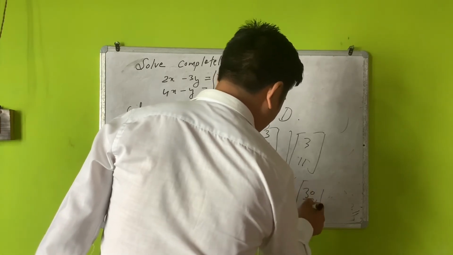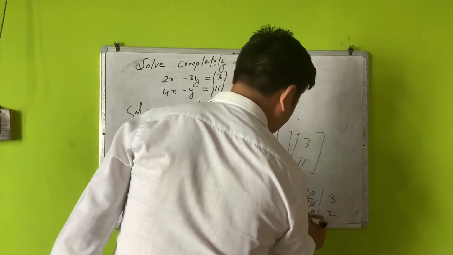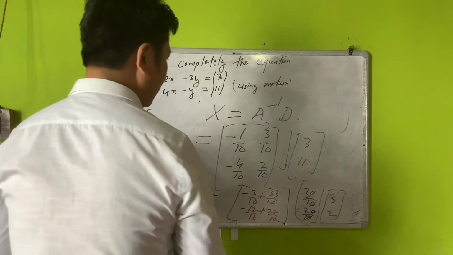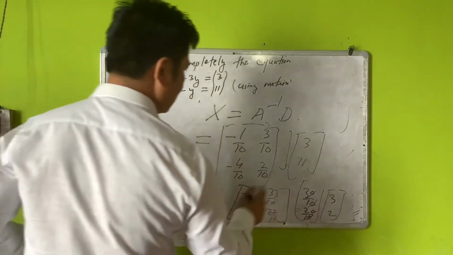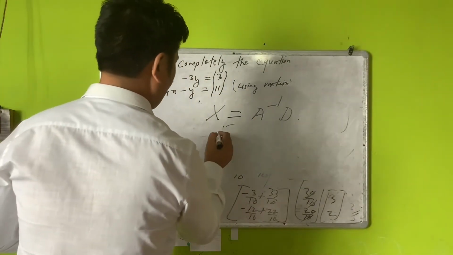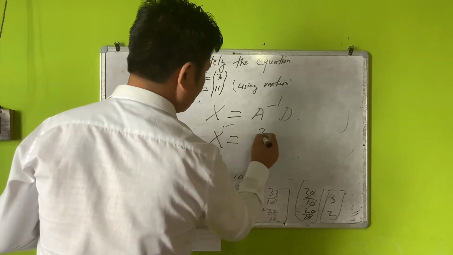So it will be 3, 2. Okay, so you found the values of x and y. Capital X is equal to 3 by 2.